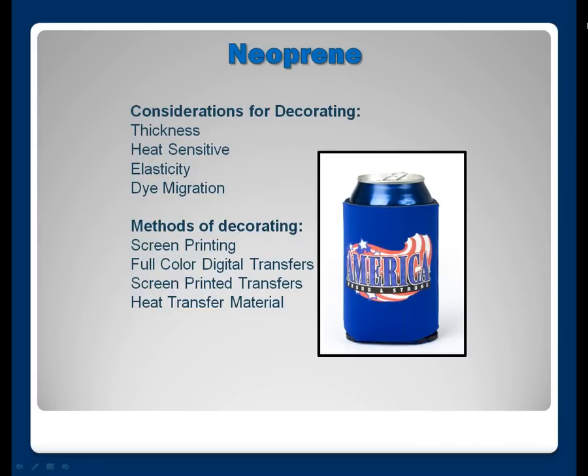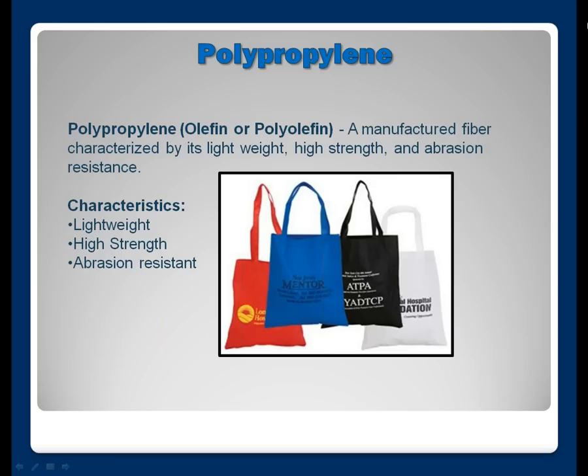The next type of item that we're going to talk about is polypropylene. This is basically characterized by its lightweight nature. It's got a high strength to it. You know that this is more of an eco-friendly material, very popular in the industry again. It's got abrasion resistance to it.